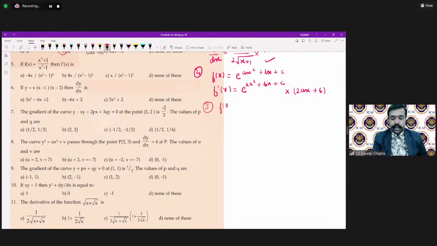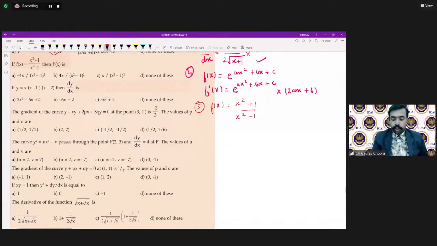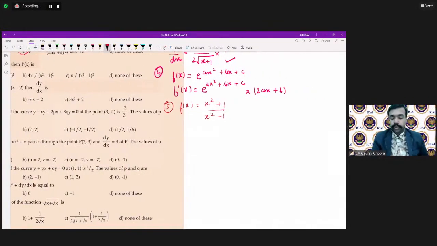f(x) is equal to x square plus 1 divided by x square minus 1, and we have to find f dash x. Since these two are in division, we have to apply the u upon v rule. What was the formula of the u upon v rule? Do you remember?